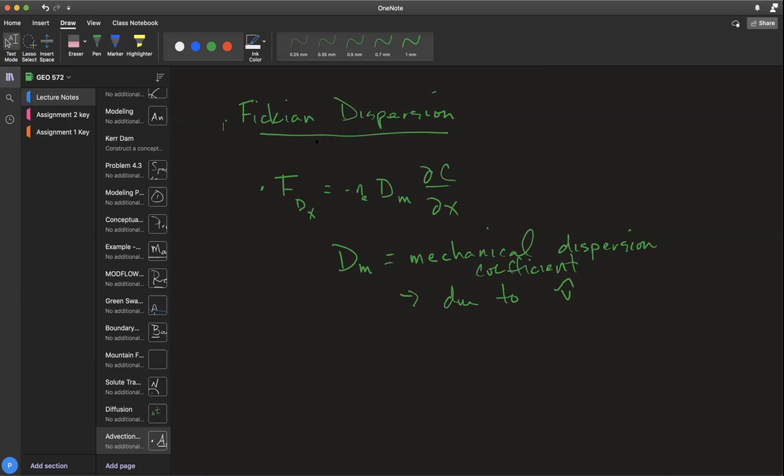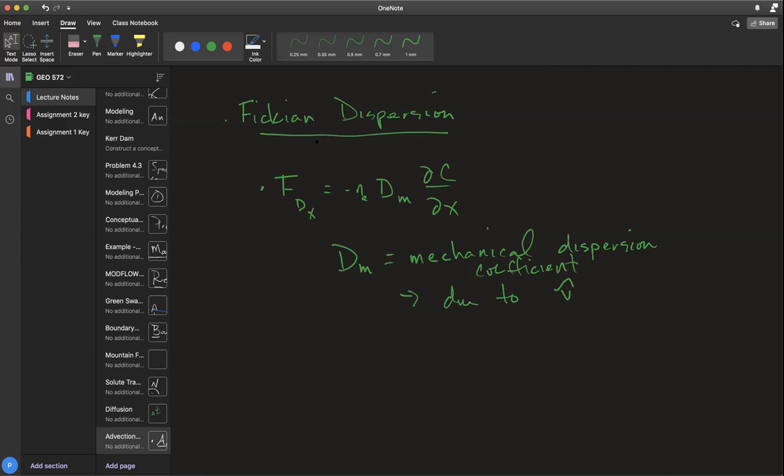Okay, so I'm not going to belabor the dispersion too much yet. I think I'll save getting way into the dispersivity and what it is for another lecture.